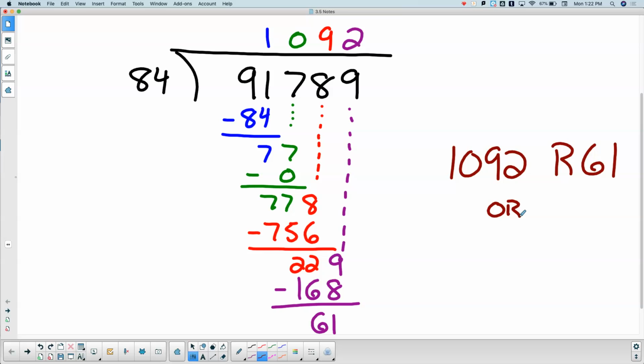So give me the whole thing: the 1,092, and then next to it is 61 over 84. And 61 84ths. What if 61 over 84 was reducible? It's not, but what if it was? Then you reduce it, because we like reduced fractions, right? Yep. Love it. Those are the two exact answers.